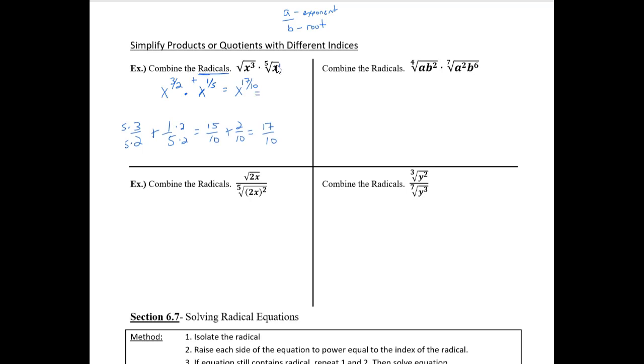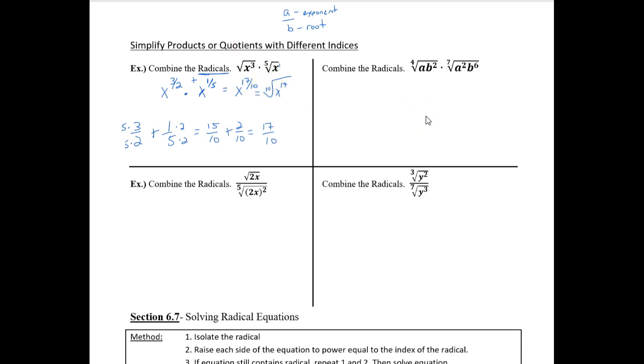So if I change that back into radical notation, again, that exponent is the numerator. The denominator is our root. And then you need to ask yourself, is that simplified completely? And the answer is no, because there's more than 10 x's underneath that 10th root.